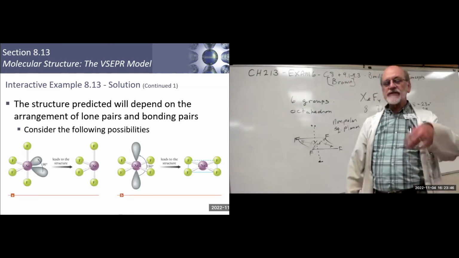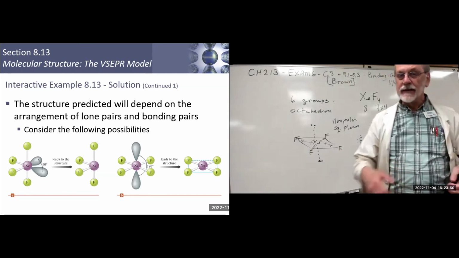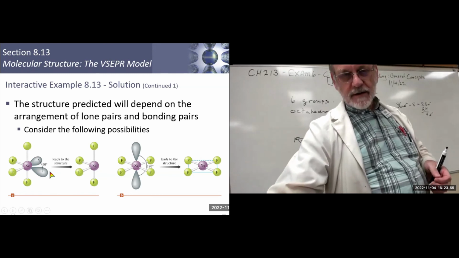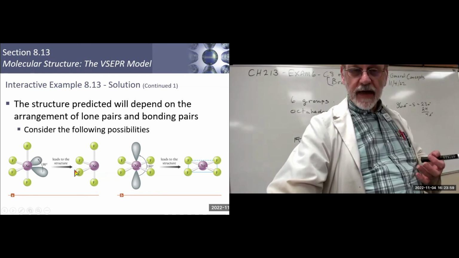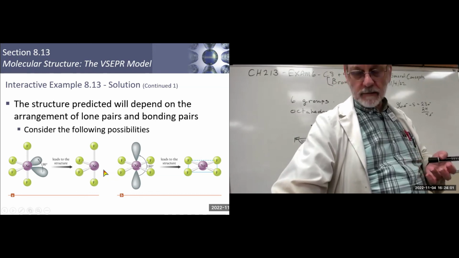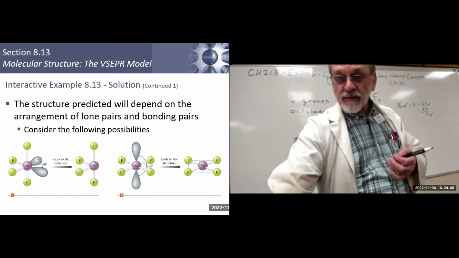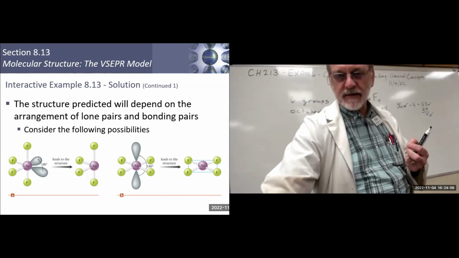Now, this slide considers various possibilities. If we go with this one, where the lone pairs are on the square, then the molecular geometry is seesaw. But that would mean that the molecule is polar because they're unbalanced.